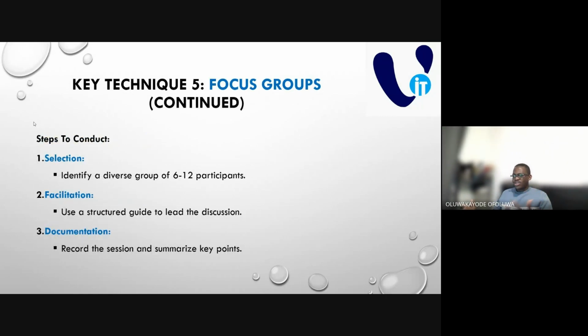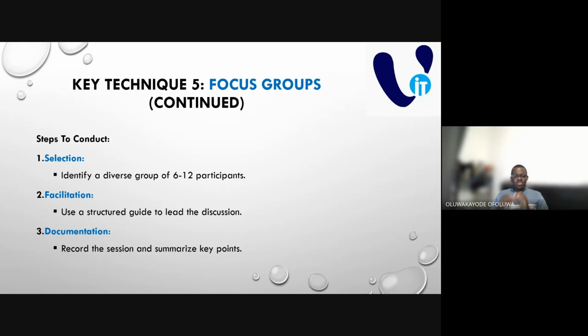How do we conduct focus groups? Number one, we start with selection. You have to identify a diverse group of 6 to 12 participants, ideally, but in some cases, depending on the size of your organization, it can be larger. Secondly, facilitation.